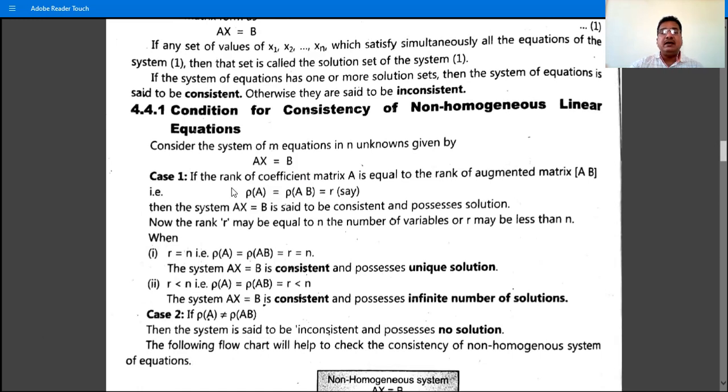That is, if the rank of the coefficient matrix A is equal to the rank of the augmented matrix AB, then we say the system AX is equal to B is consistent, or has a solution, possesses a solution.